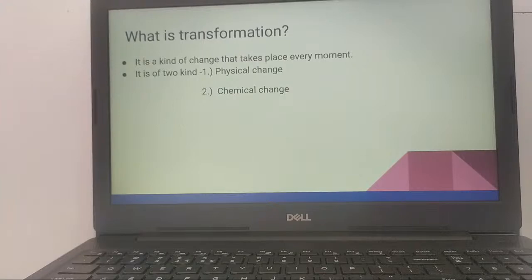Then we were talking about physical change. Physical change is a change in which there is no change in the substance. For example, I gave the example of ice, water, and vapor. Ice, when it is melting, changes into a liquid, that is water.